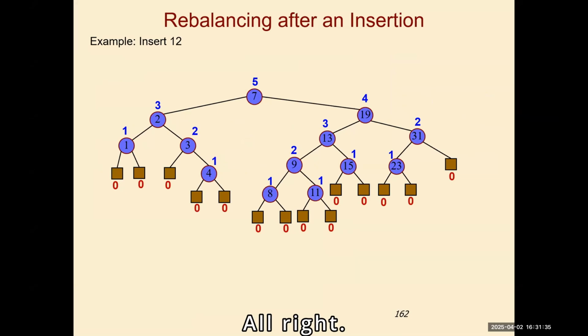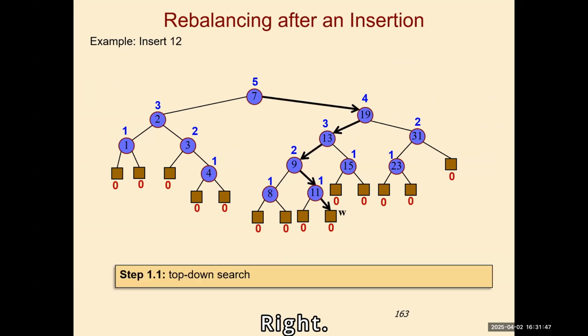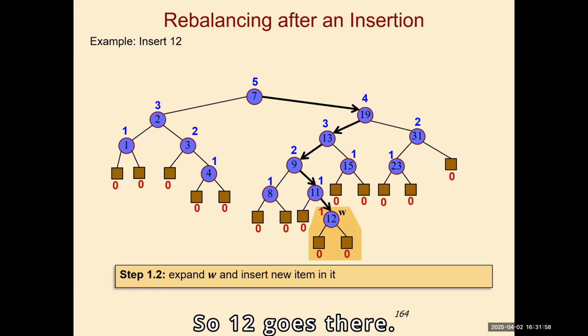So we're trying to insert 12. Everybody, look where 12 goes. Everybody see where 12 goes? It goes down there. Everybody buy that? Because 12 is bigger than 11. So 12 goes there.